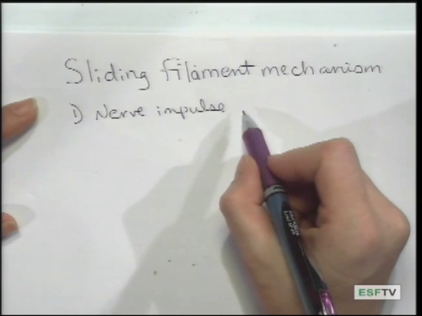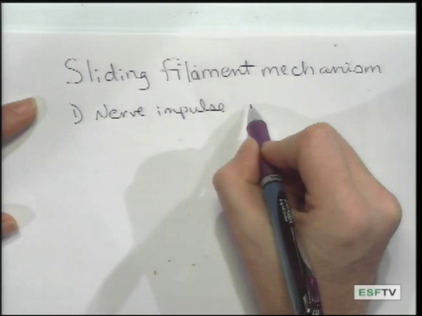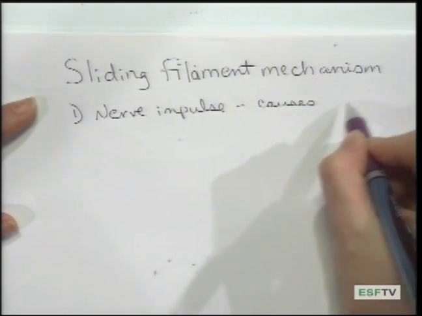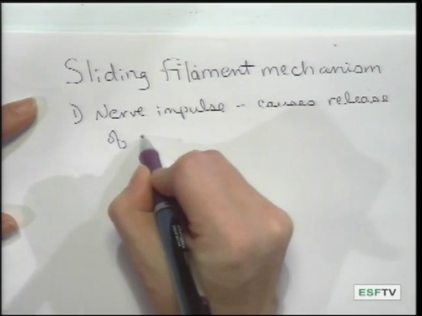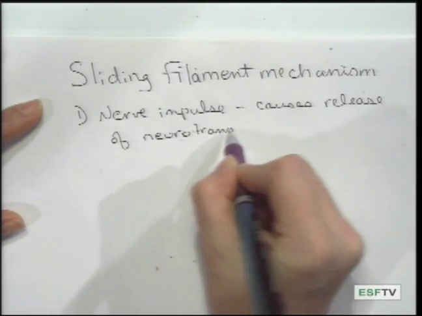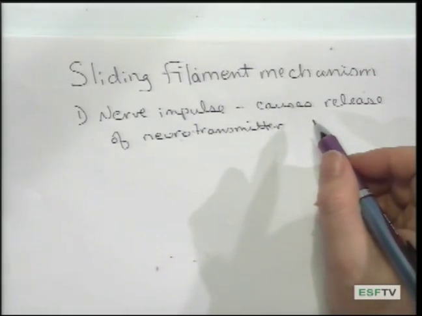So when this nerve impulse is transmitted down, it causes the release of a neurotransmitter. And in the case of muscle contractions, this neurotransmitter is acetylcholine.